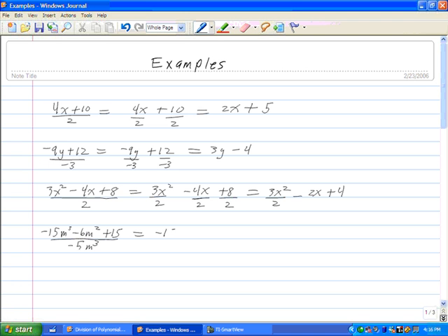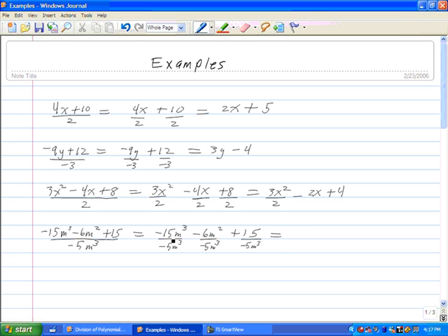Again, breaking it up, and dividing each one by the original denominator. You just have to be content with this type of problem to do whatever division you are able to do, and leave behind whatever you can't.